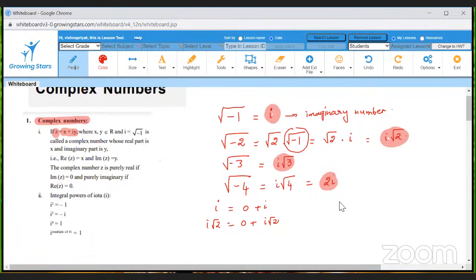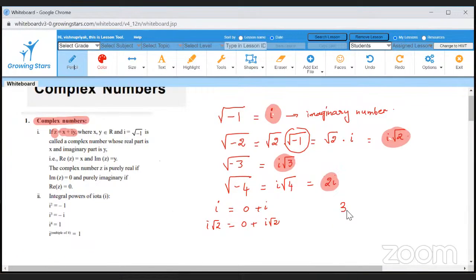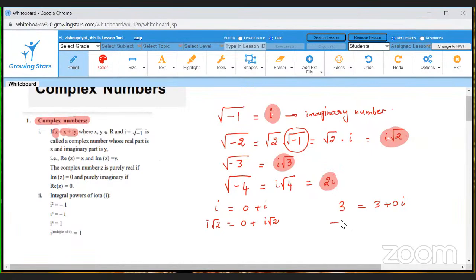If you have 3, you can write it as 3 plus 0i, x plus iy form. If you have minus 7, it is minus 7 plus 0i. Every real number can be written as a complex number.